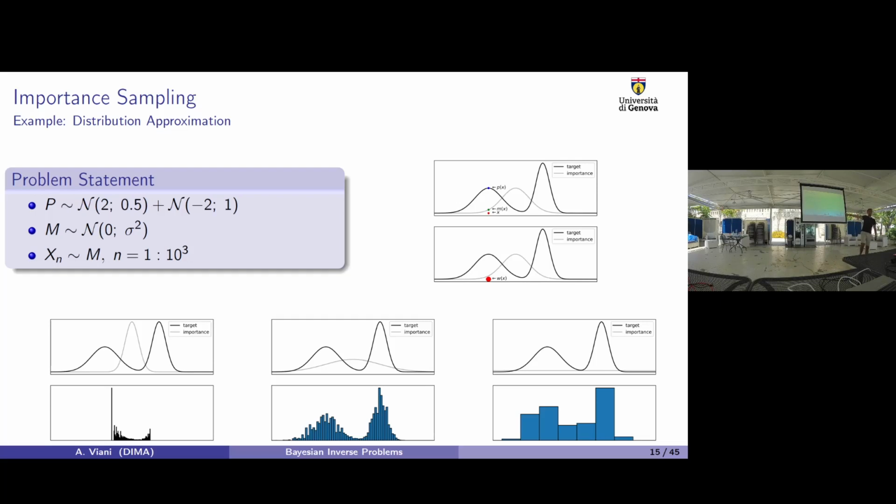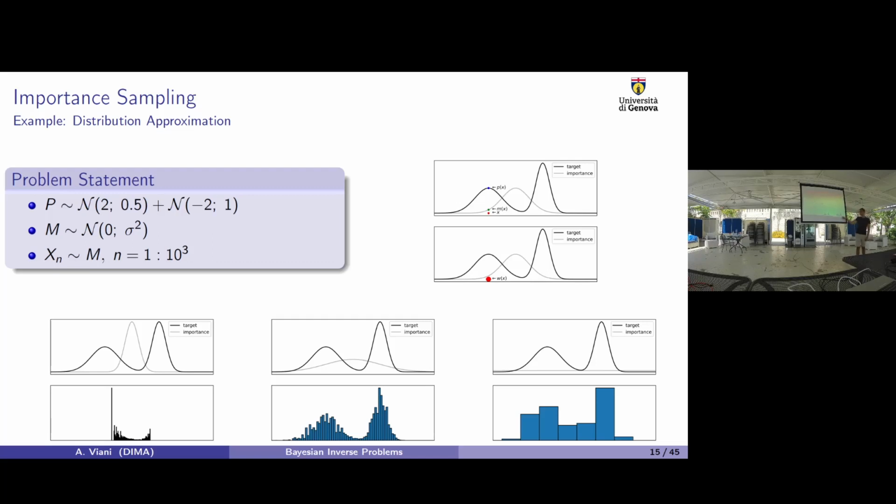Okay. This is the one with a too big importance distribution, so it's quite flat. The variance is huge, maybe 20 or something like that. And the histogram shows that the majority of the samples are far from the high probability region for P. I just cut the histograms in order to have the same scale, but there are a lot of samples far from here.